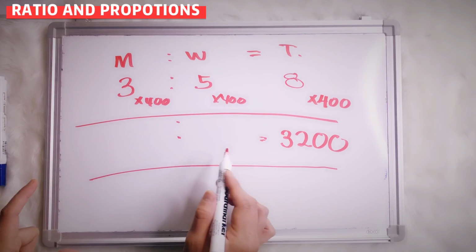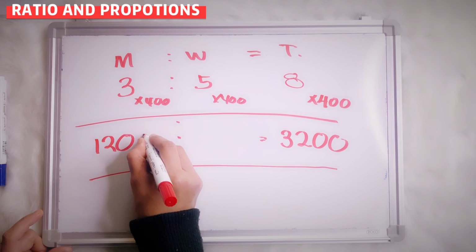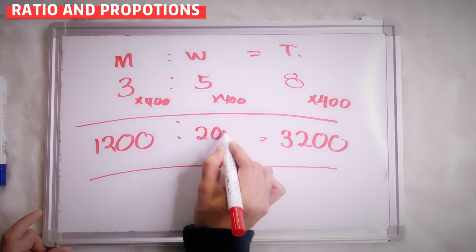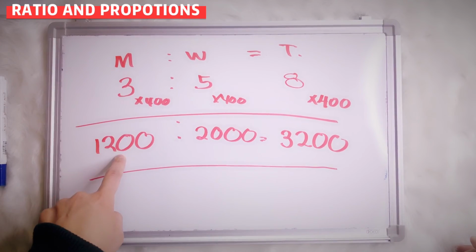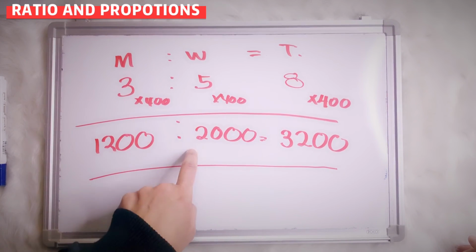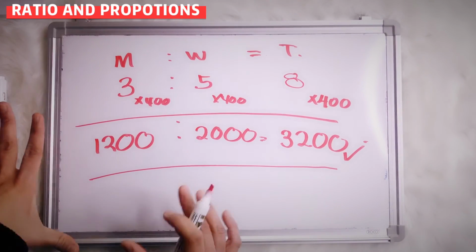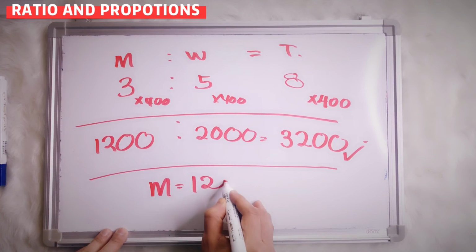So 400 times 3 is 1,200. 5 times 400 is 2,000. 1,200 plus 2,000, you will have 3,200. So the question asks you about men, so we have men equals 1,200.